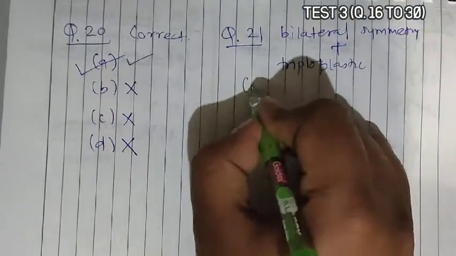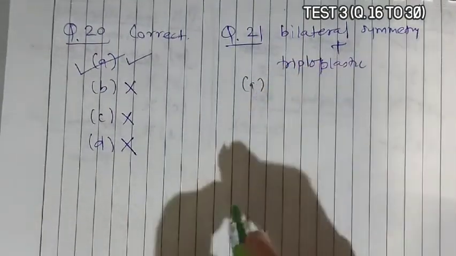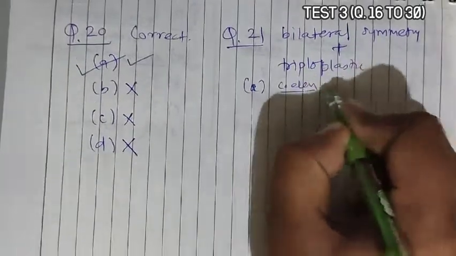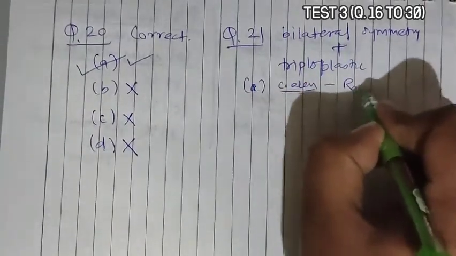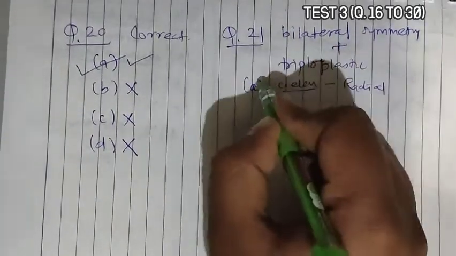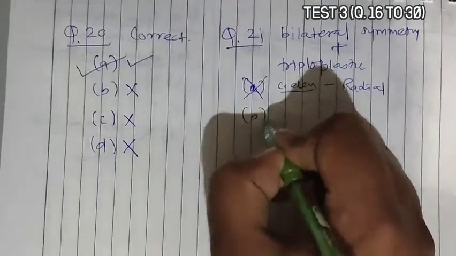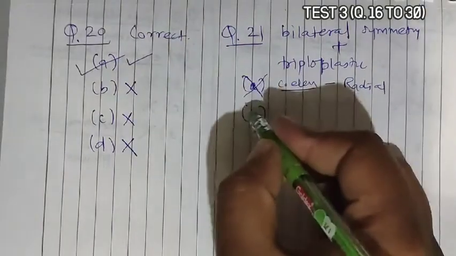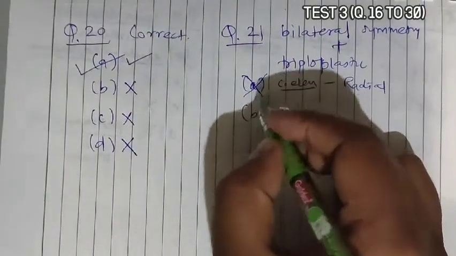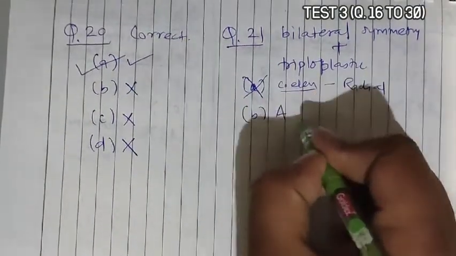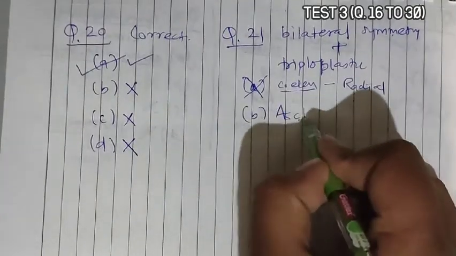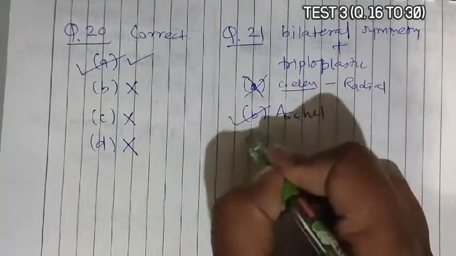Now option A is given as cnidarians. Cnidarians show radial symmetry. So now this is a wrong option. Option B is given as aschelminths, and aschelminths are roundworms, and aschelminths show bilateral symmetry and are triploblastic. So this is the correct answer.